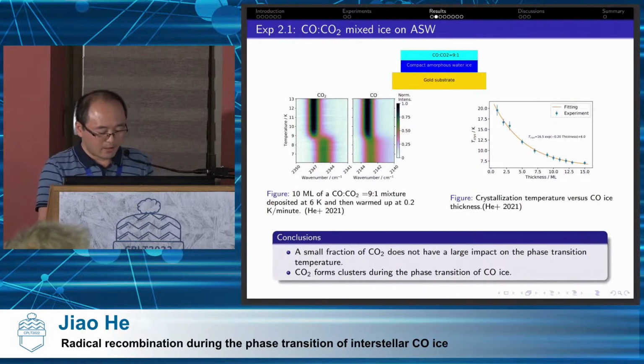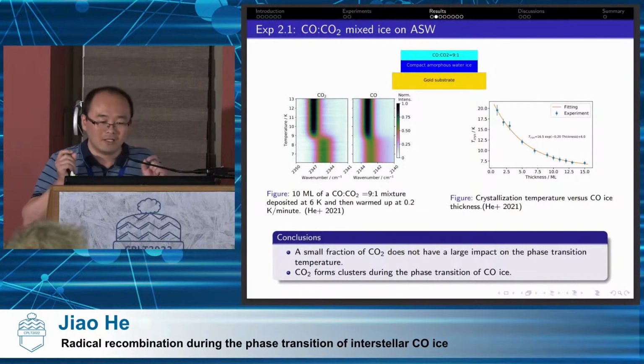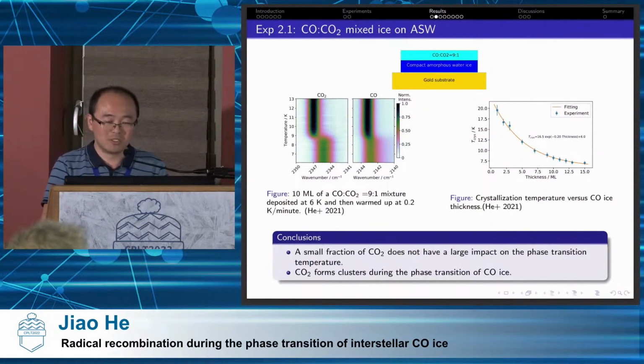The second thing we should look at is the CO2. Before the phase transition, the band is at 2345, which indicates isolated CO2 molecules. After the phase transition, this band indicates the formation of CO2 clusters. So we know the CO2 forms clusters during the phase transition.